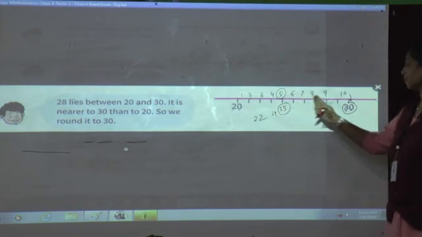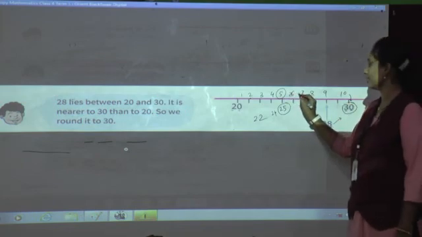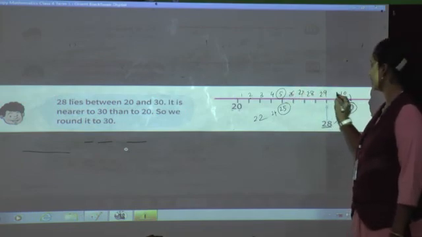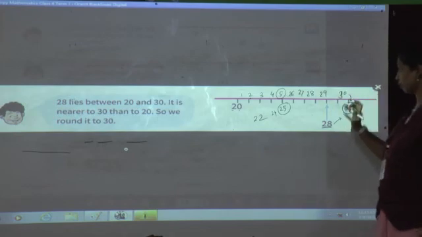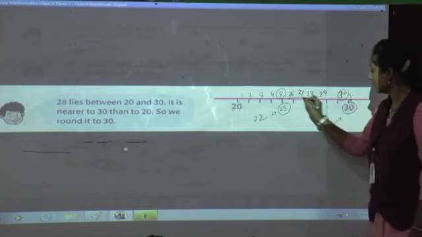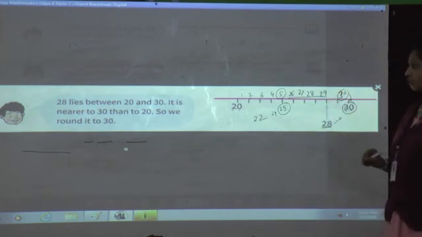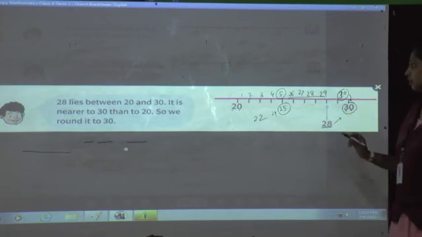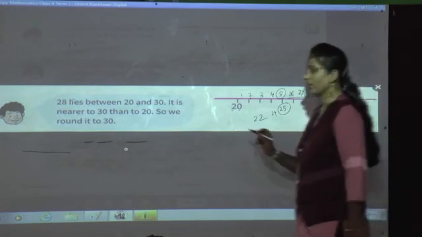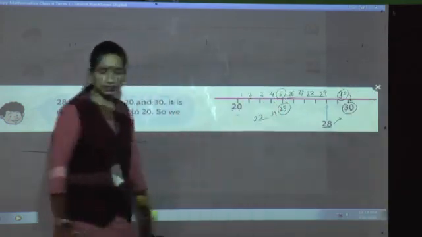And after 25, whatever numbers are coming, 26, 27, 28, 29, if they ask what is near to this number, we can round to 30 only.